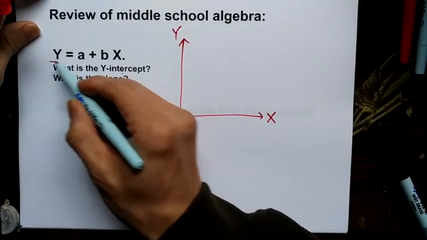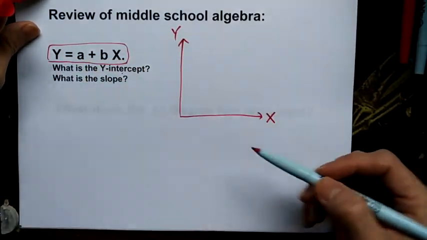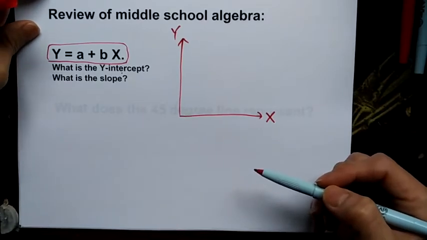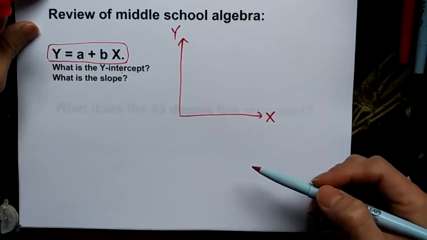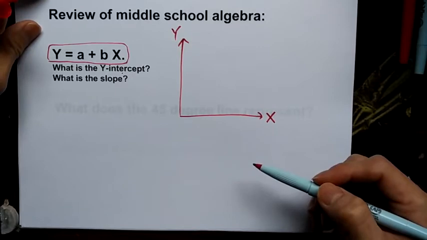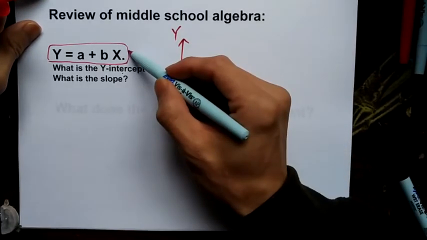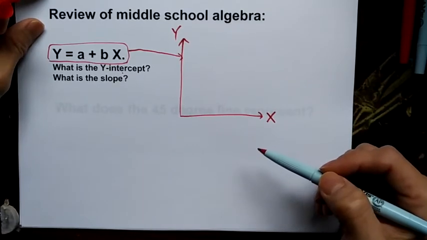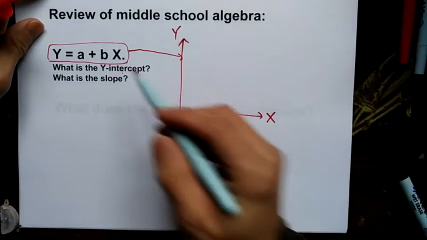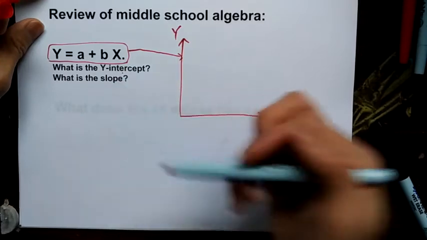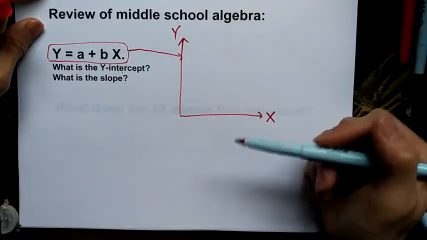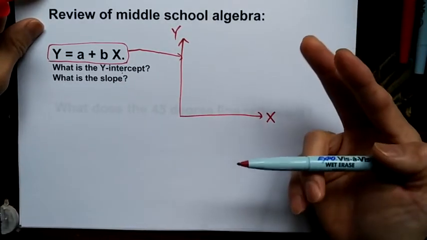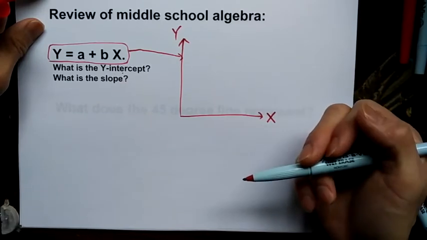Then how can you draw y equal to a plus bx? Suppose that a is positive and b is positive. How do you draw this equation on this diagram? The answer is, this is a line. You need two dots to draw a line. So which two are the easiest ones to get?